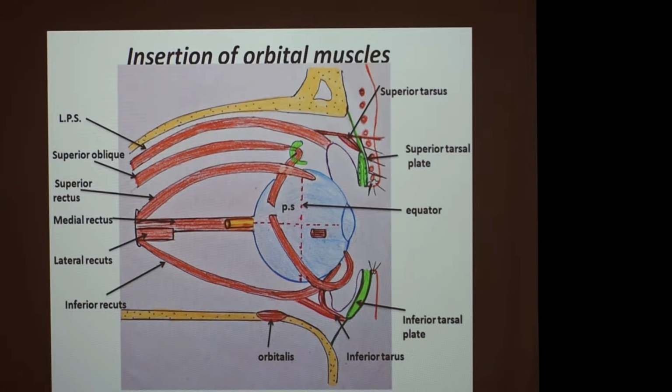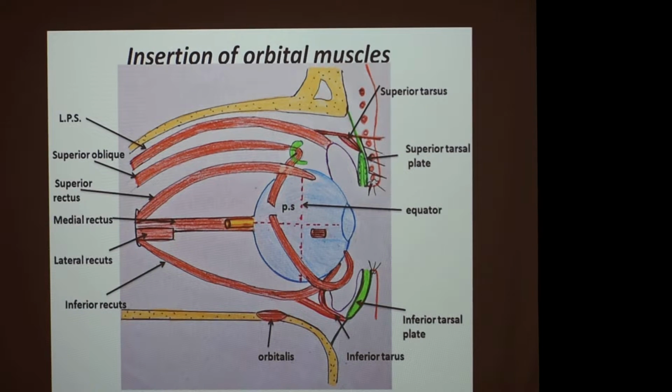Okay, so all the four rectus muscles, namely you can note it: superior rectus, medial rectus, inferior rectus and lateral rectus muscle, are inserted at a distance of 5 mm, 6 mm, 7 mm and 8 mm respectively from the sclerocorneal junction onto the scleral tissue.